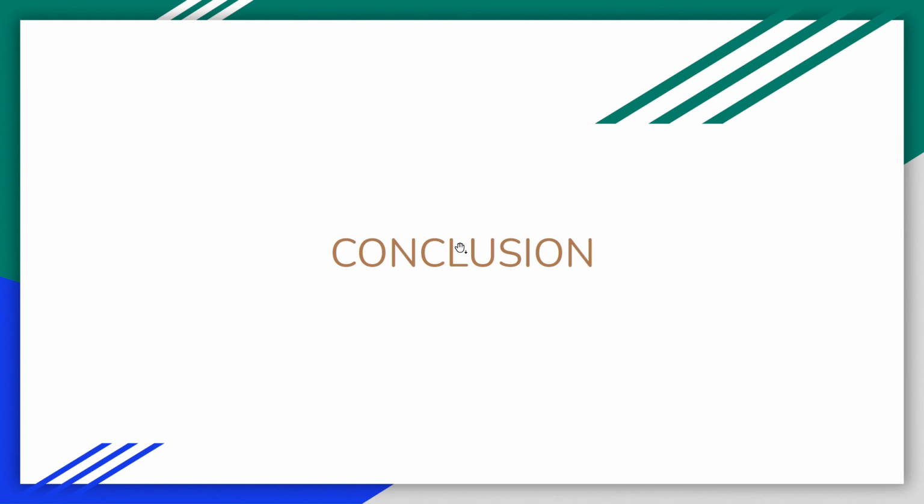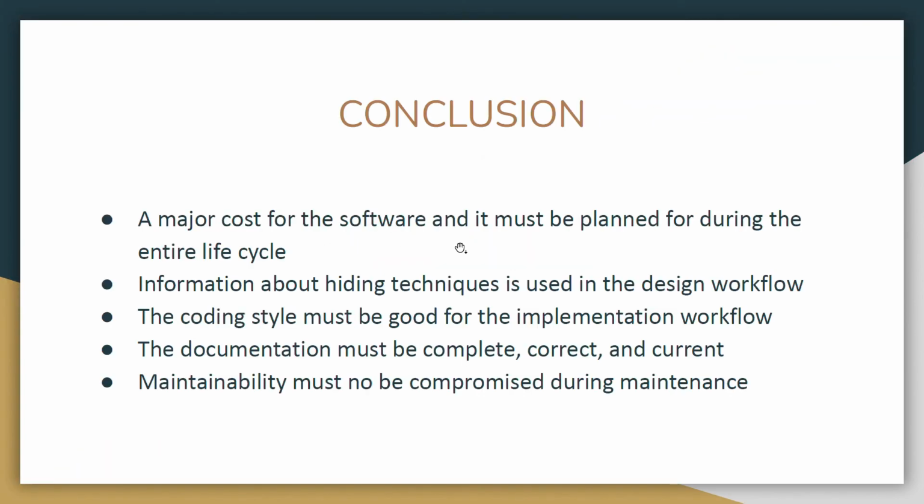Last but not least is our conclusion. Software maintenance is actually a major cost for the software, and it must be planned for during the entire life cycle. Besides, information hiding techniques are used in the design workflow. Then the coding style must be good for the implementation workflow.